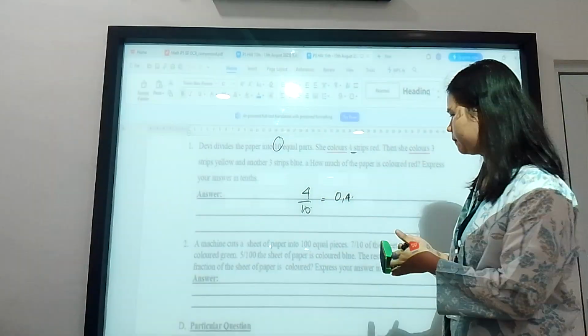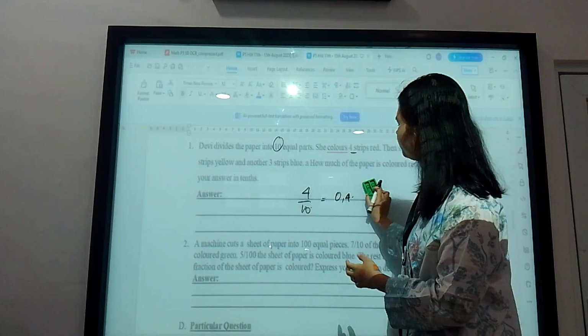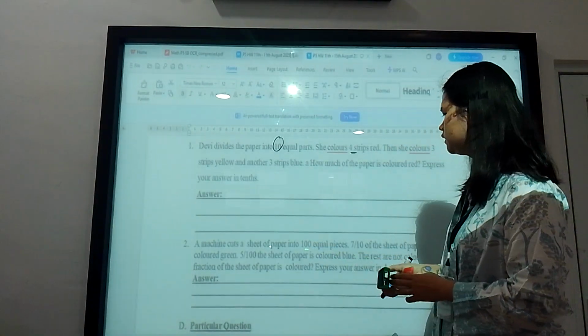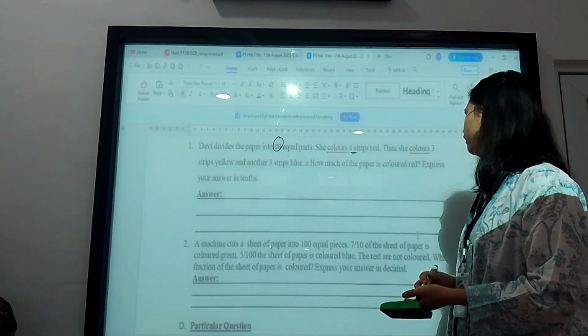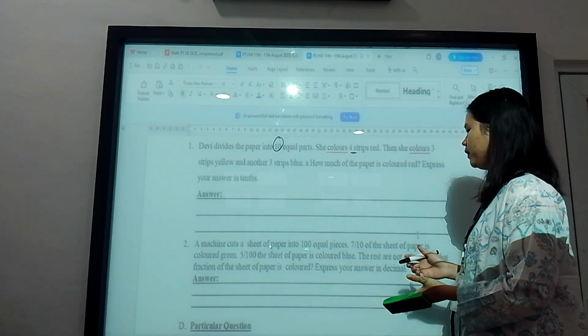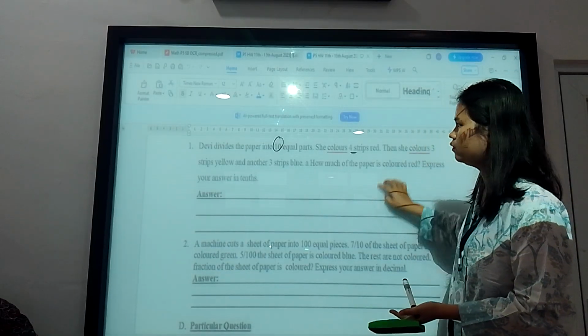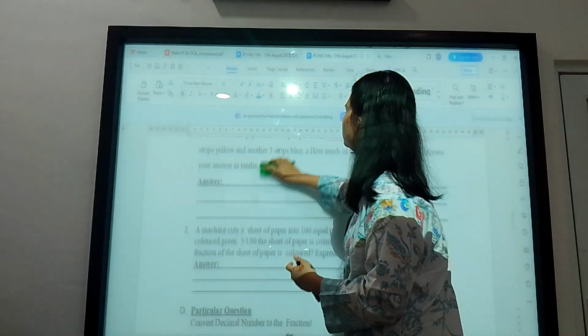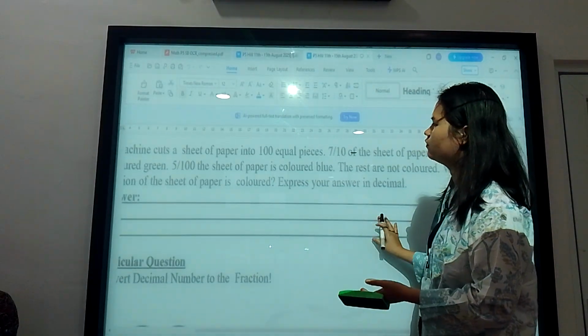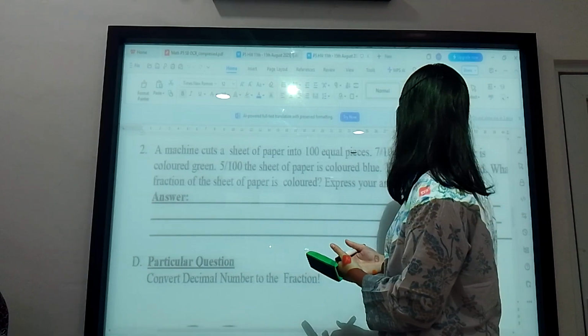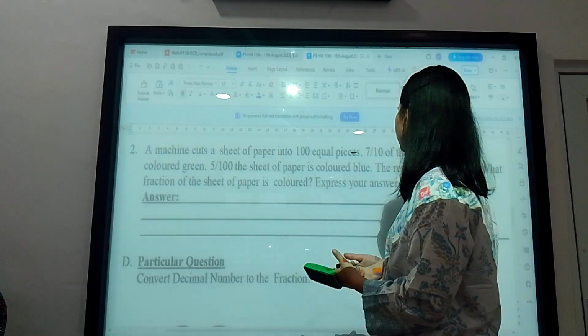Okay, next. A machine cuts a sheet of paper into 100 equal pieces. 7 out of 10 of the sheet of paper is colored green. 5 over 100 of the sheet of paper is colored blue.